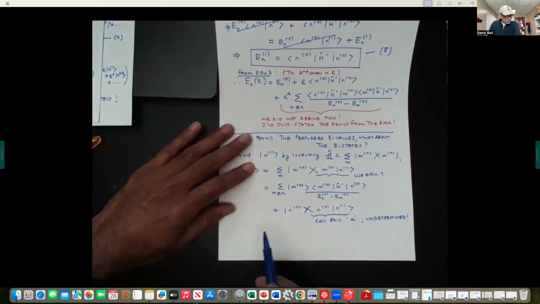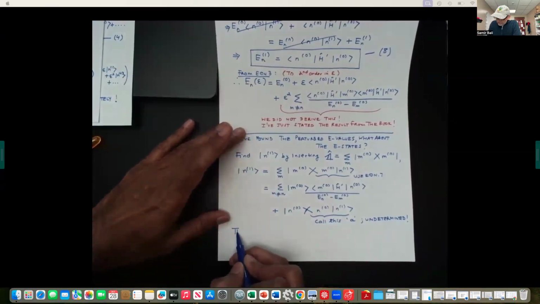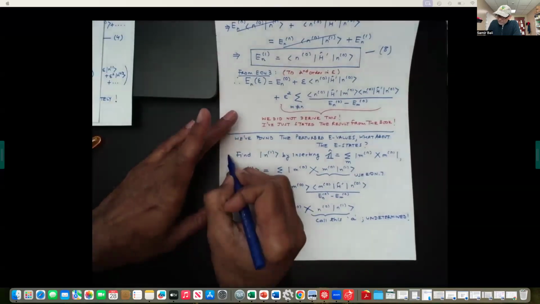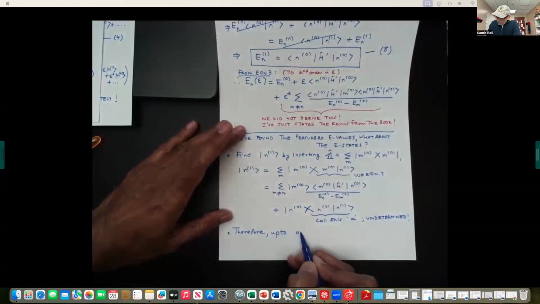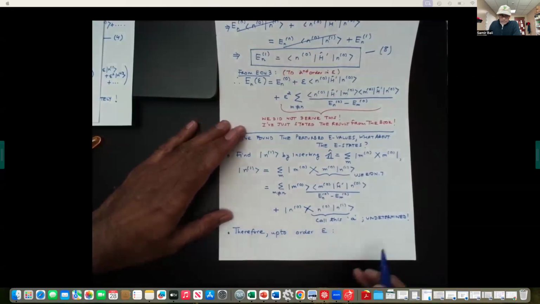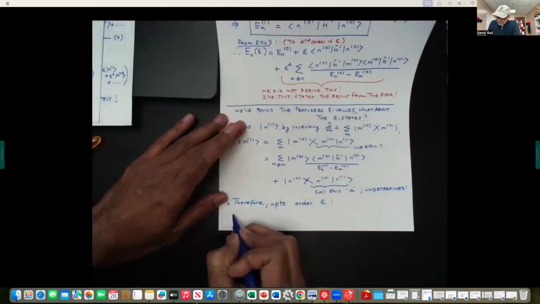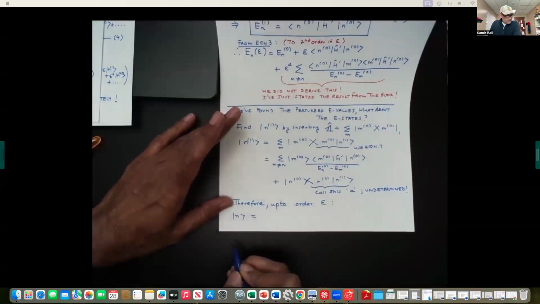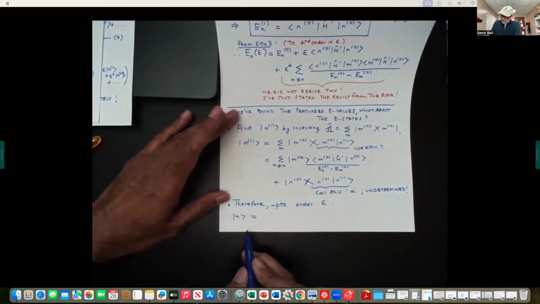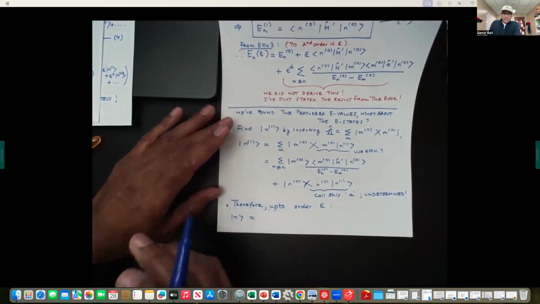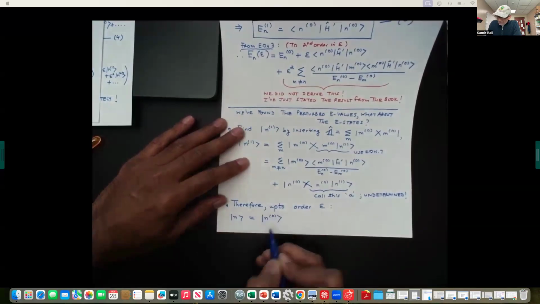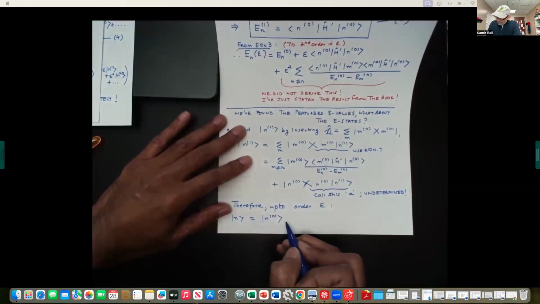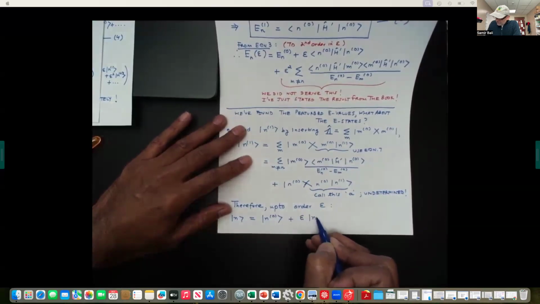So therefore, to order epsilon, the new number state after the perturbation is the original number state plus the first order correction.